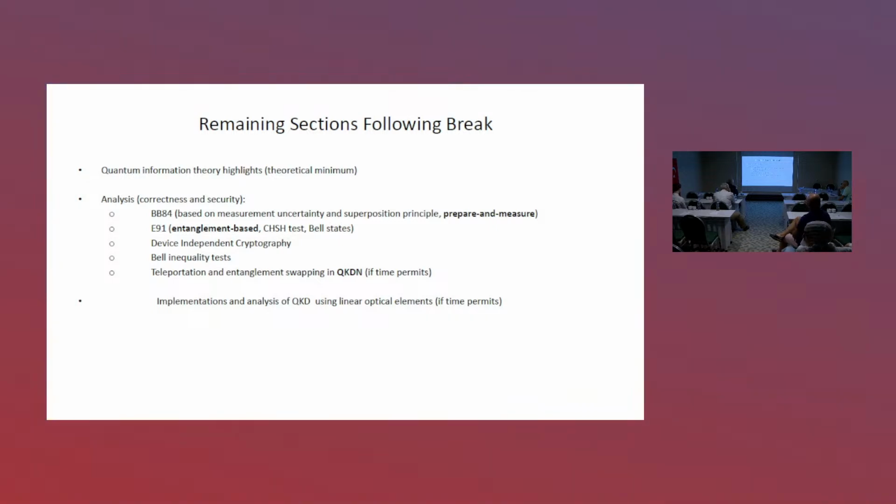Apart from a few particular cases, it would be possible to implement all these. In the details, you would need some nonlinear optics and some electronics, but in general, for most of these protocols it would be possible to use linear optical elements, to implement them either on a desktop or on a chip.